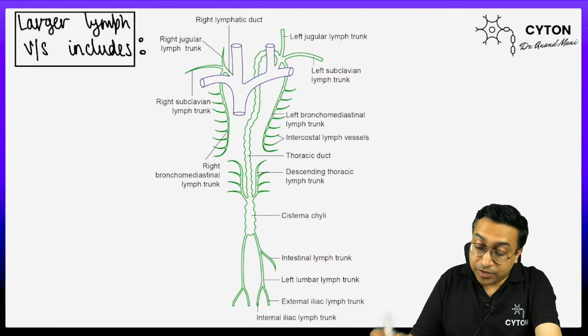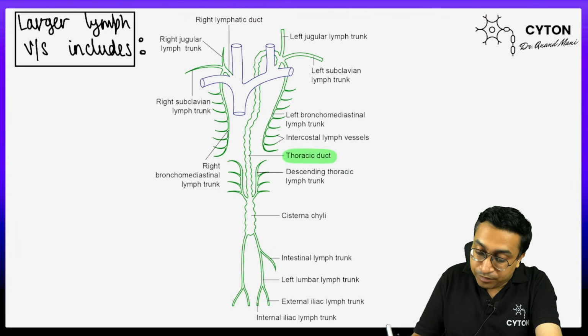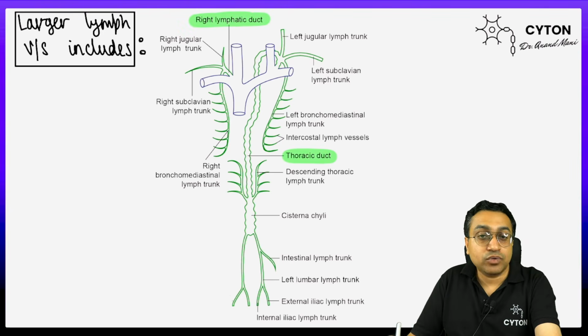We have the thoracic duct, the most important one. Let me change the color for this. Thoracic duct, and the right lymphatic duct. These are the two main ones, which you cannot miss.